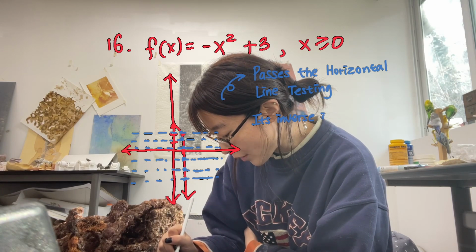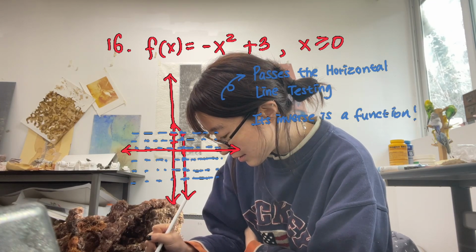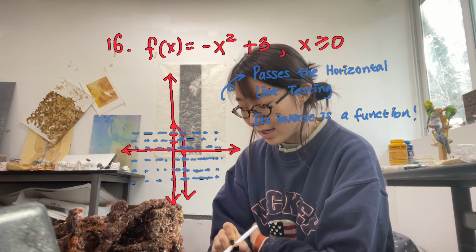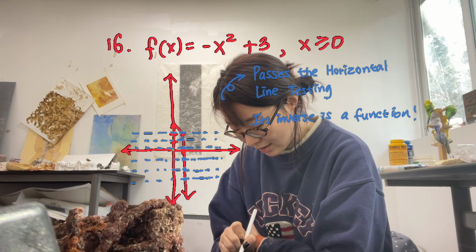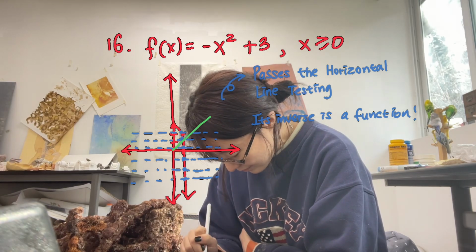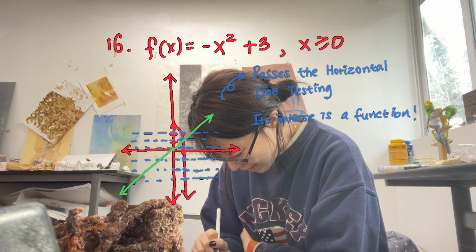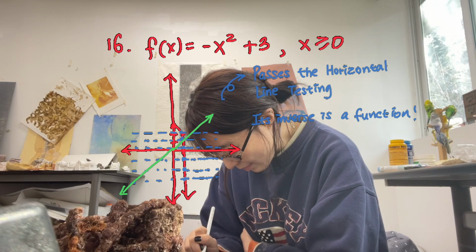Its inverse is a function. And then we can go ahead and graph the inverse function by simply graphing y equals x and then reflecting about it.